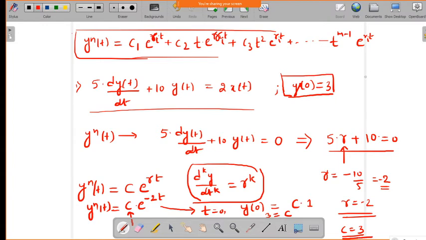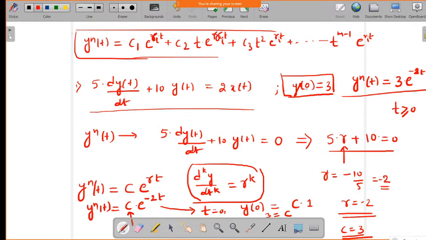Now what is the final solution? The final solution of this differential equation, or we can take it as the natural response, is equal to 3 into e power minus 2t. This is the solution to the differential equation when t is greater than or equal to 0, because the system is at rest when t equal to 0 and also there is no input.